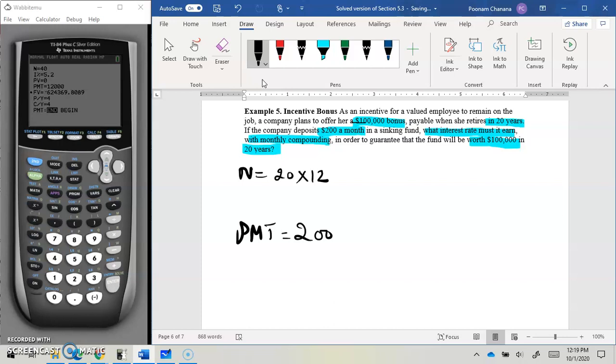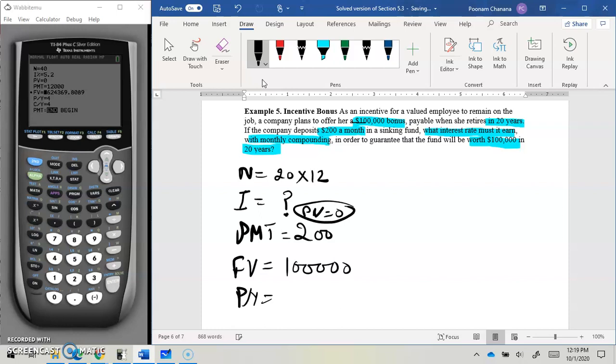At what interest rate must it earn? So, the question is to find the interest rate with monthly compounding in order to guarantee that the fund will be worth $100,000 in 20 years. Meaning your future value is 100,000, that is given, and present value is 0, because there is nothing in the account right now.